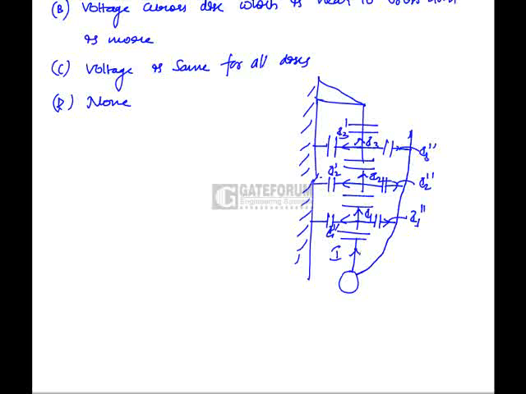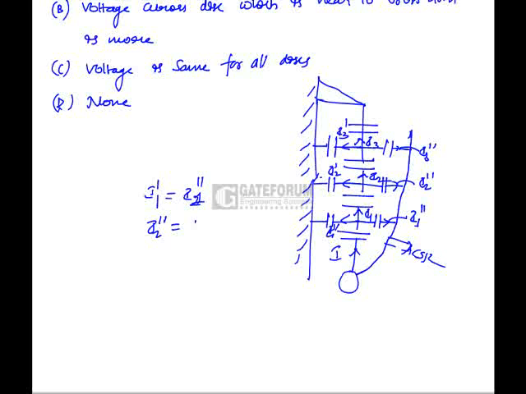In static shielding, the leakage currents between insulator pin and tower body, I1 dash, equal the currents through the capacitance between the insulator pin and this tip of the ACSR conductor, I1 double dash.